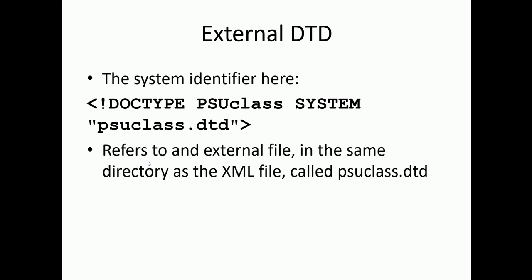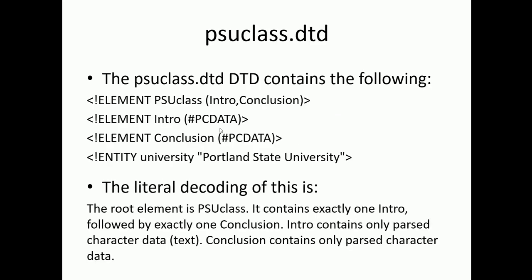The external DTD that was referred to in this case refers to an external file in the same directory as the XML file called psuclass.dtd. psuclass.dtd has the following declaration. We have the root, which is PSU class. It has exactly one intro followed by exactly one conclusion.